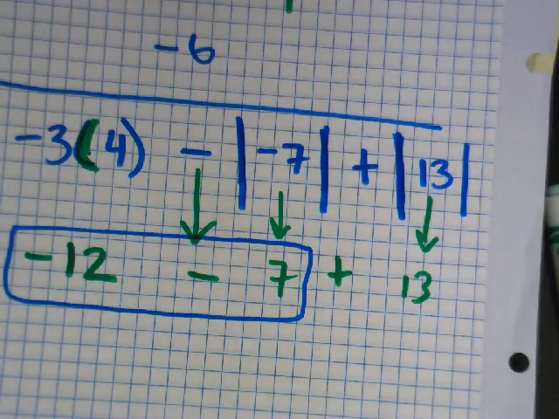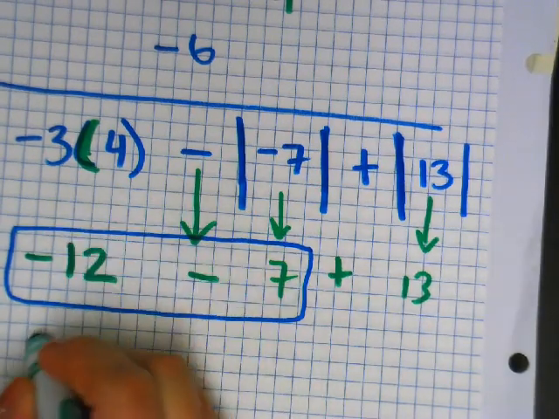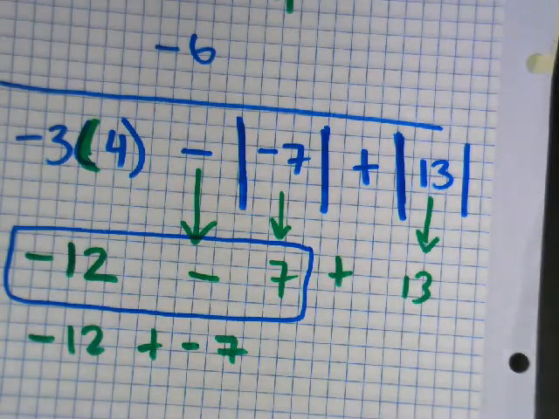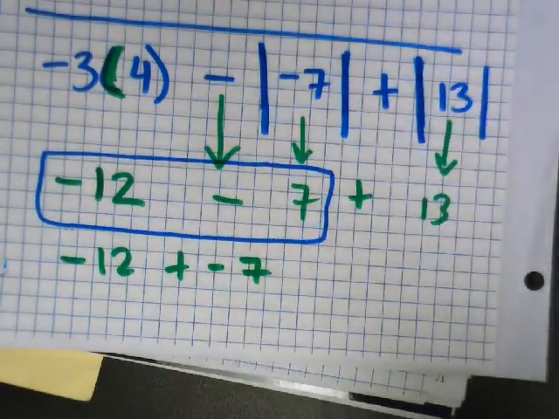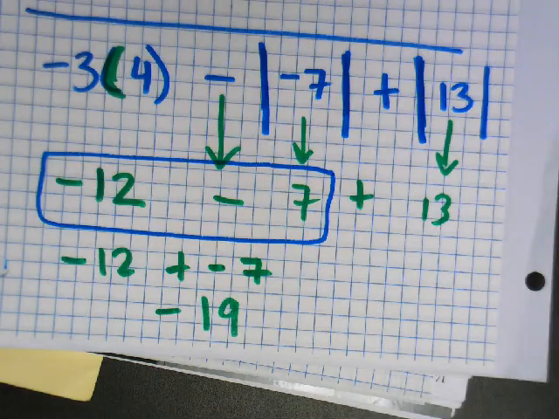What did you get? 32? Okay. All right. How do I rewrite this? -12 plus -7. What is -12 plus -7? -19.